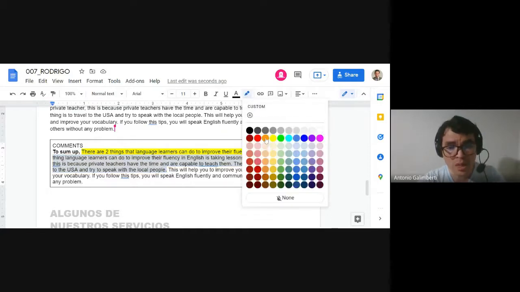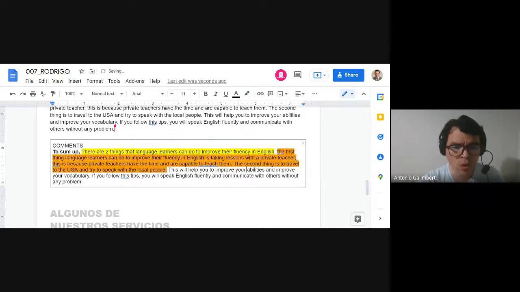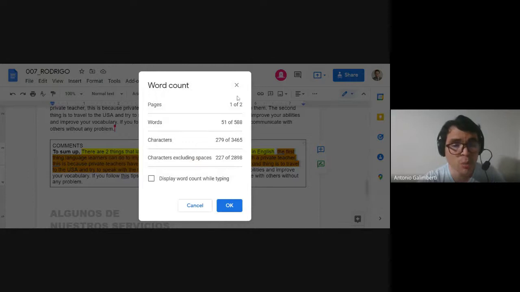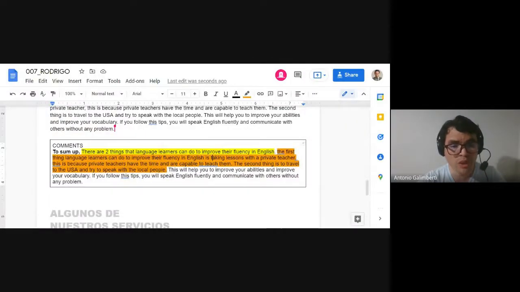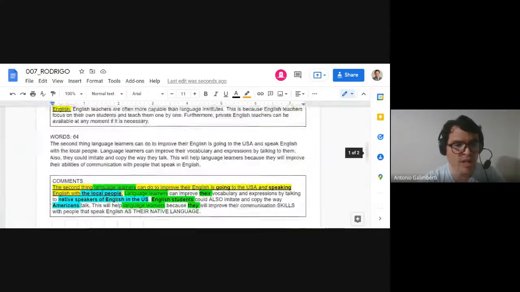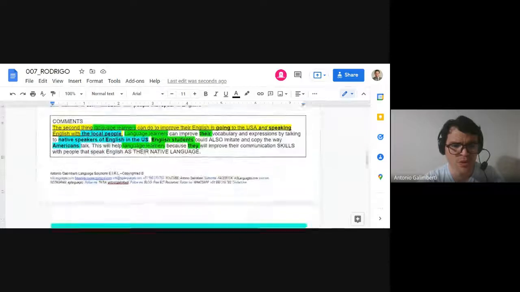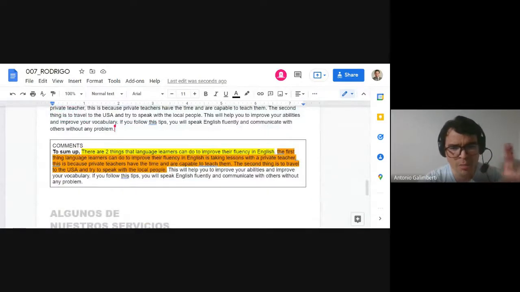Okay, in my opinion, this summary is too long. Look at how many words you have in this summary. You have 51 words in the summary. That is almost the same length here, almost, because this paragraph is 59 words. And just the summary has more than 50 words.